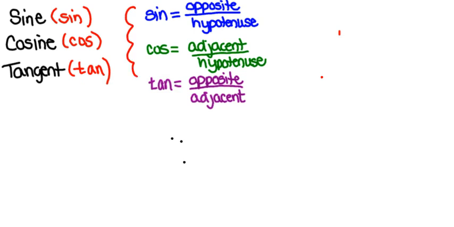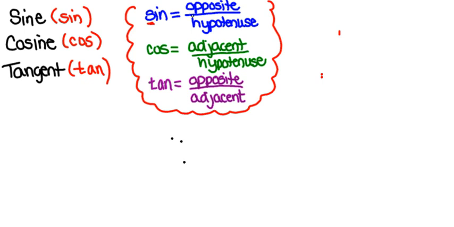The good news is that there are a lot of mnemonics that you can use to memorize these. One way that I've seen people do it is they take only the first letter of each one of these names.